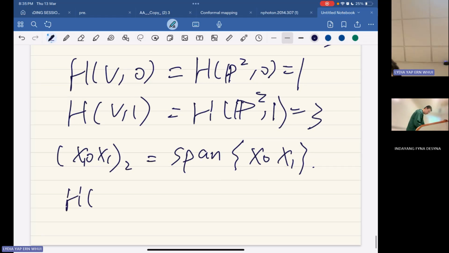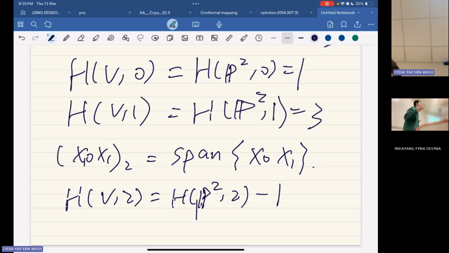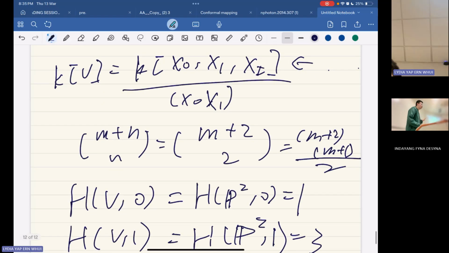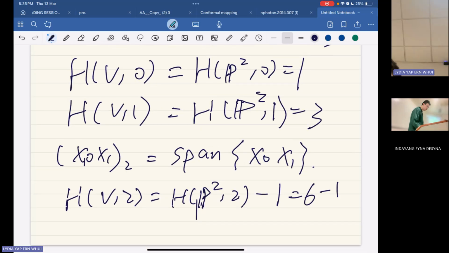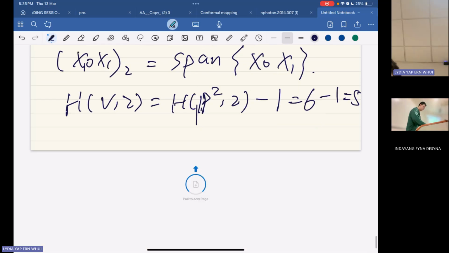So H_V(2) is equal to H_P2(2) minus 1, right? Because one dimension vanishes here. And what is H_P2(2)? It is 4 choose 2, which is 6, minus 1 is equal to 5, right?